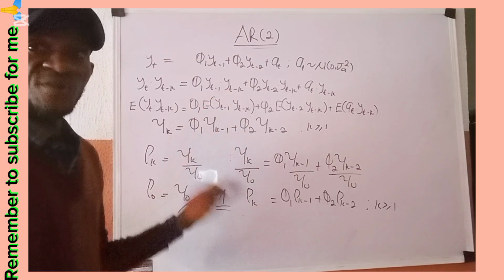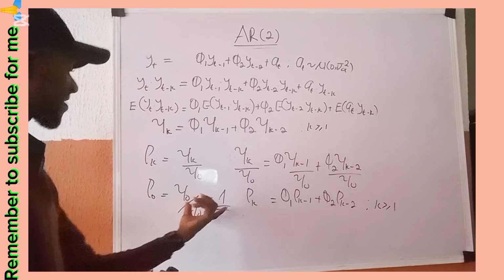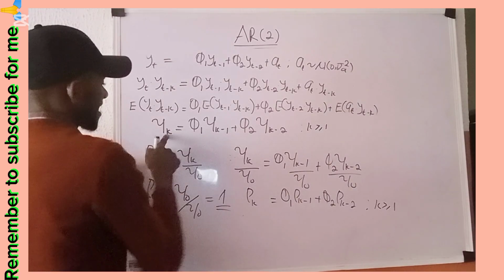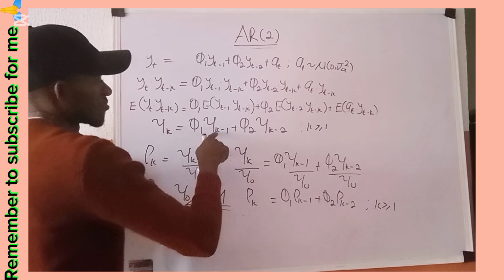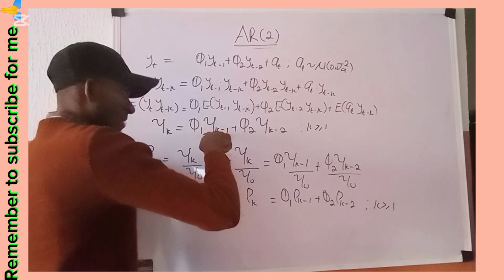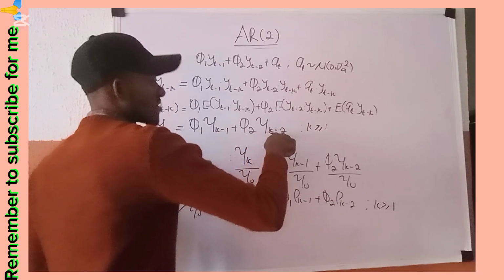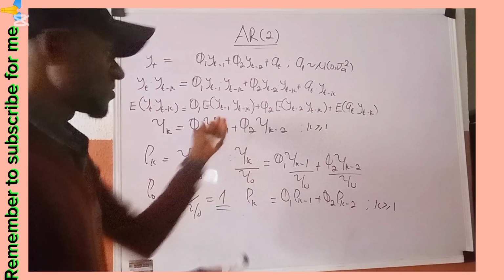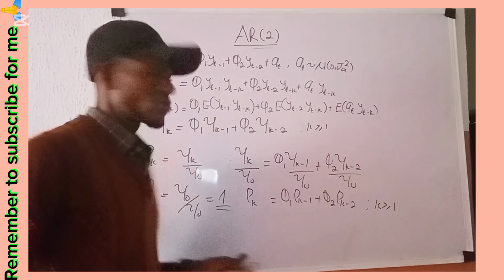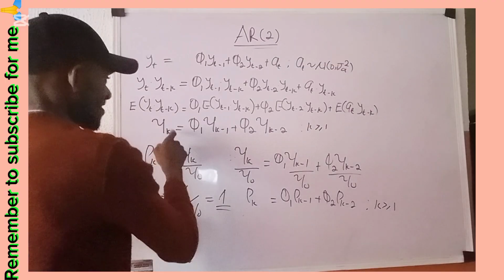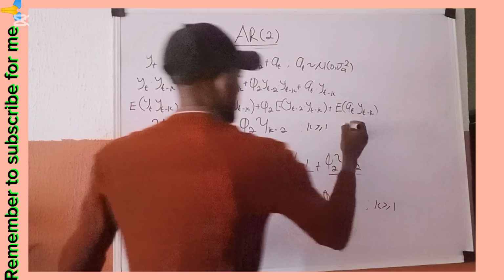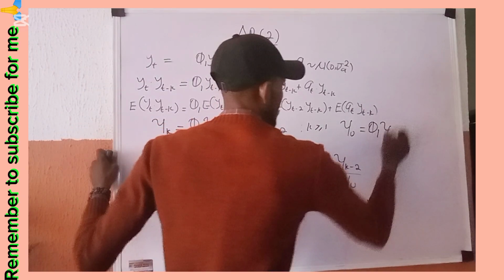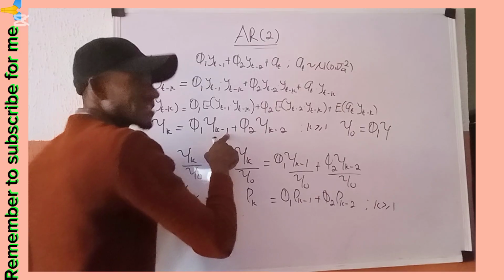Then, of course, when someone says for k equal to 0, you can explain it this way: when k becomes 0, here is going to be gamma 0, here is going to be 0 minus 1, which is the same as gamma 1, and here is going to be 0 minus 2, which is the same as gamma 2. Permit me now to clean the board. What I said here is that if k becomes 0, gamma 0 equals phi 1 gamma of minus 1.